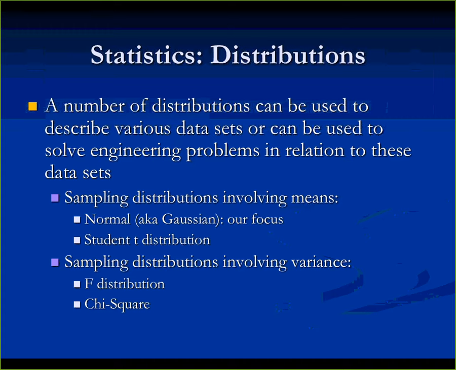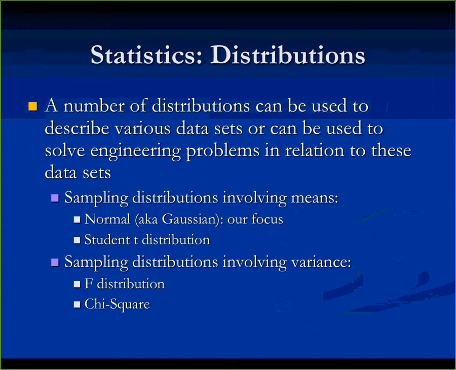So we have distributions that involve mean, averages, and then we have sampling distributions that involve variance, or measures of dispersion. So a normal distribution is the most common distribution that you're going to encounter as a working engineer, and so that's going to be our focus.